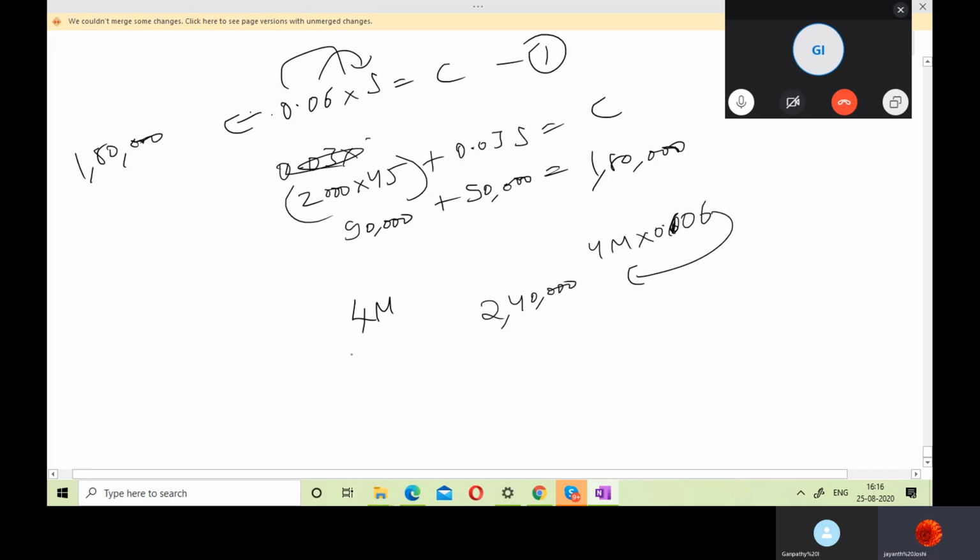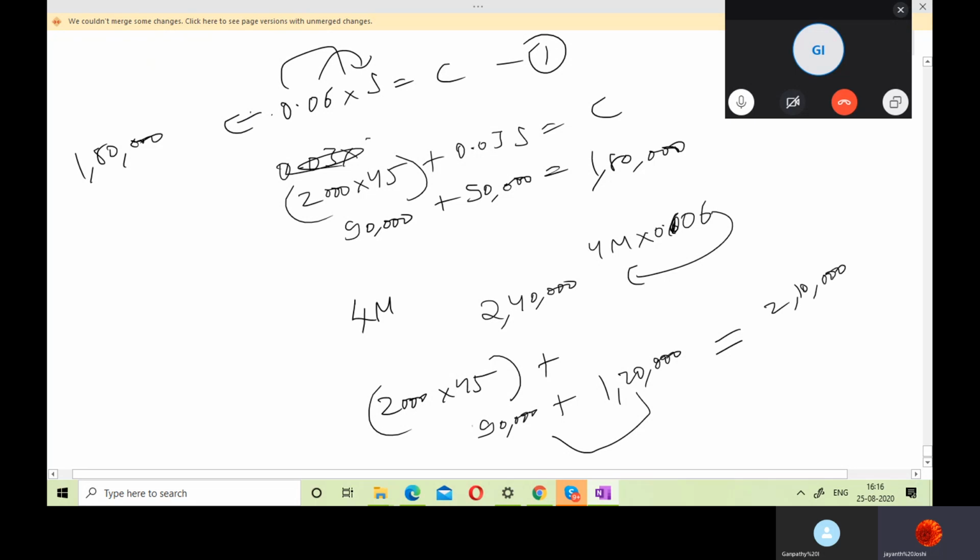And if I take the second option, 2,000 into 45, so it is $90,000 plus, and here if I take 4 million, 4 million into 0.03 is nothing but $1,20,000. So $1,20,000 plus 90,000 is how much?